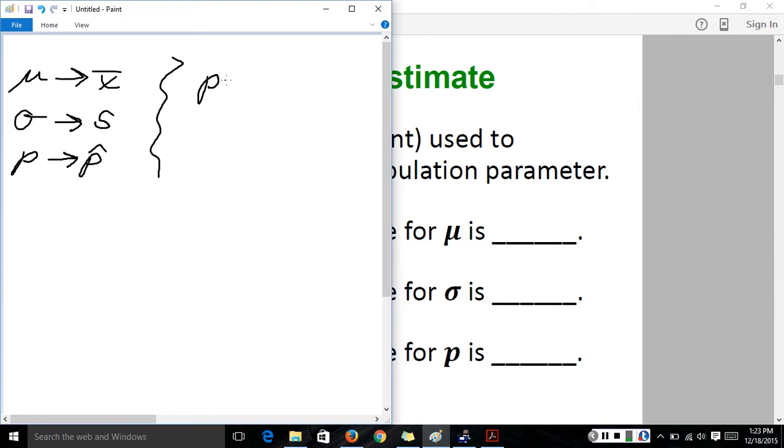Yes, p stands for population proportion.